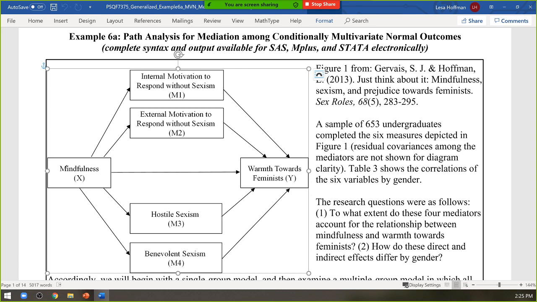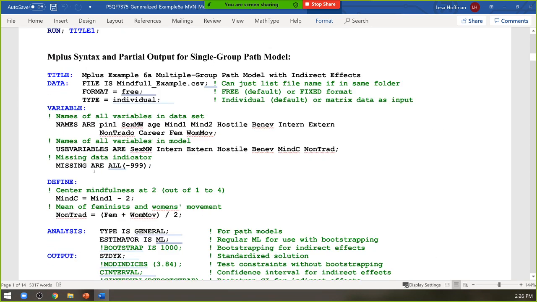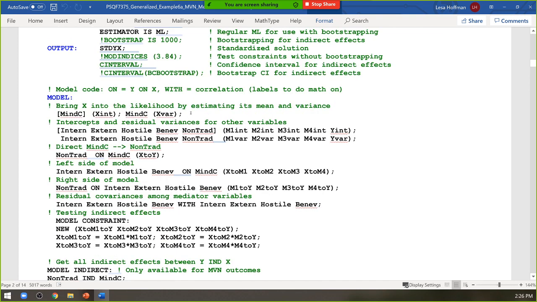This is done for you automatically inside Stata. You don't get a choice inside the SEM. But in M+, the way that you bring a predictor into the likelihood so that it's an outcome is to estimate its mean or its variance or its covariances with other variables. So the first part of the syntax in M+ is doing that.